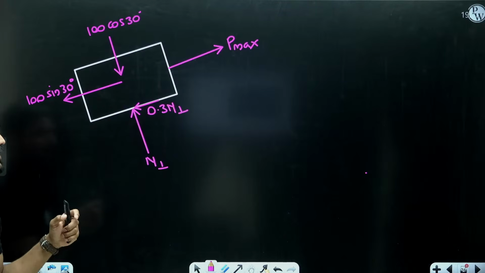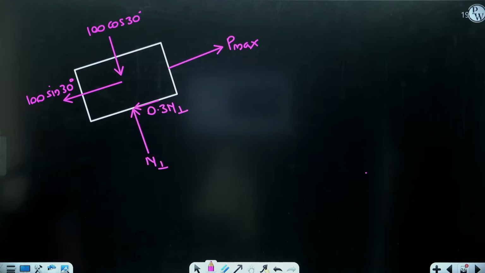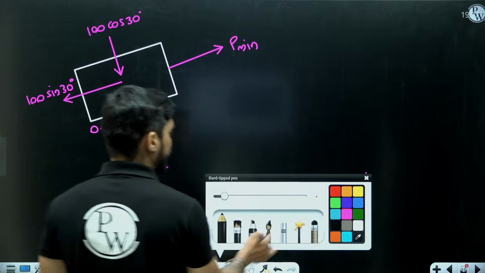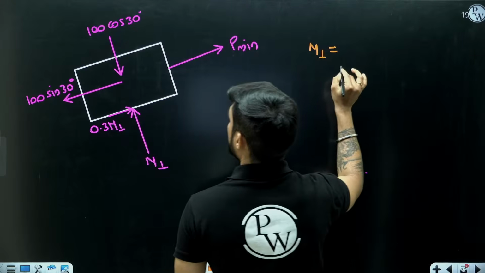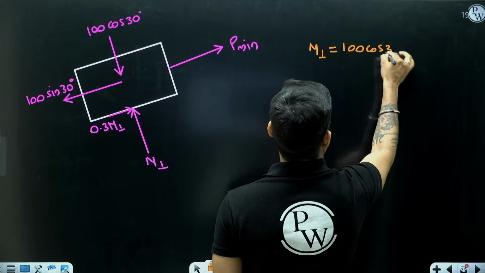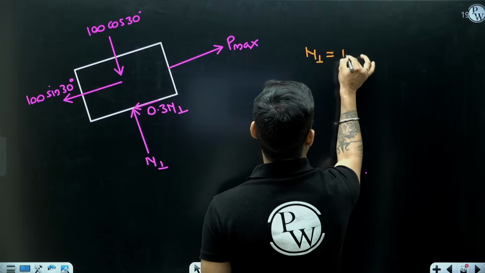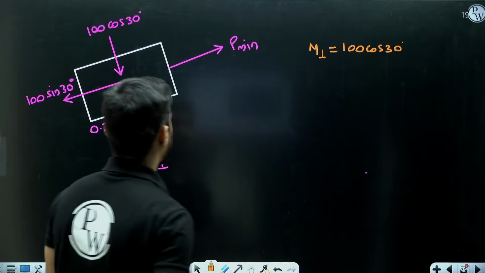And in one case, I am assuming it is going up, so friction force is down. Now in both cases, the value of N1 will remain same. N1 will be equal to 100 cos 30. Here also, N1 will be equal to 100 cos 30. But your P will change.